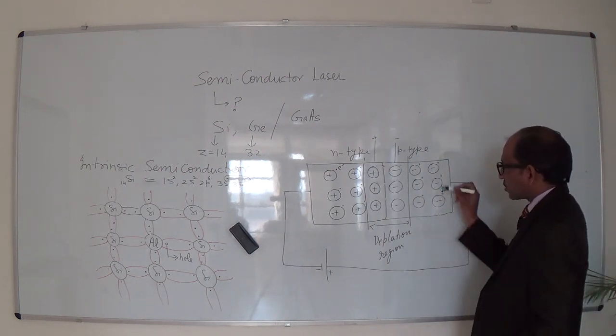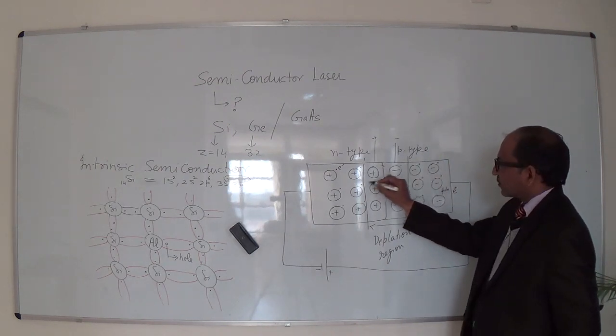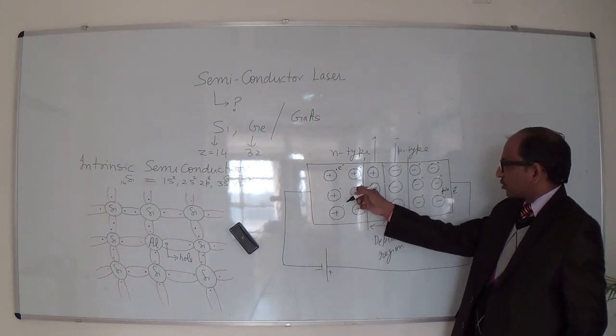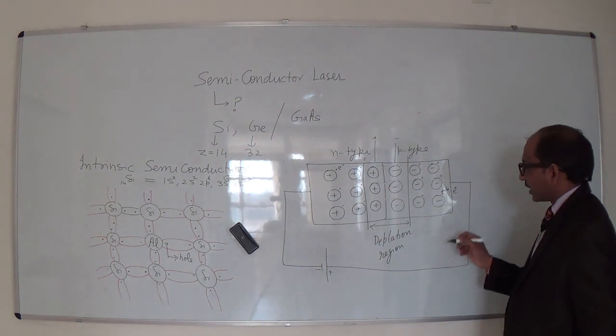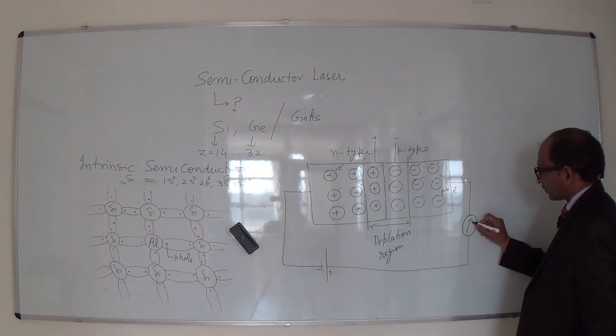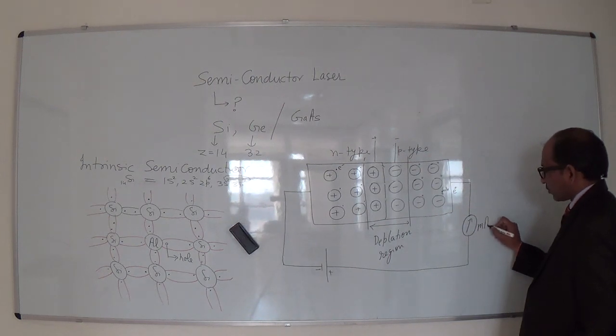These holes start to move towards the n side, and these electrons start to move towards the p side, and as a result we observe a current in forward biasing.